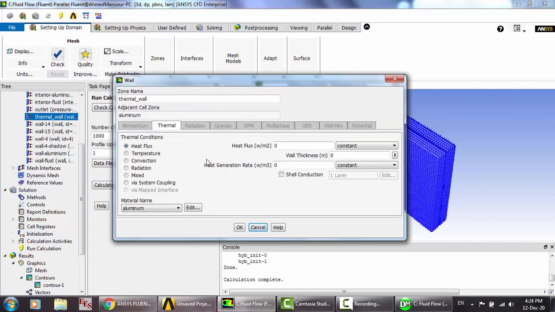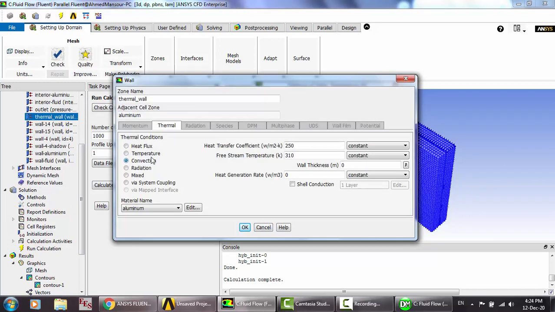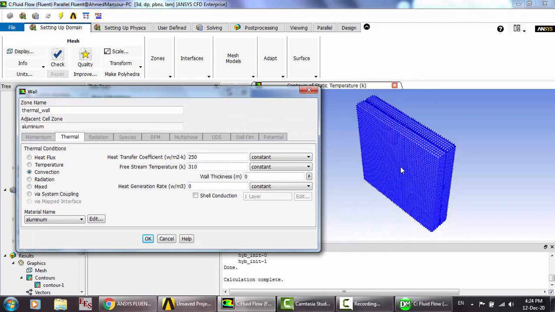Now we're going to investigate the convection. If I add convection to this surface, while I'm going to let the other setup or conditions be the same. Now suppose that I'm going to use 10 and we have 300 Kelvin.